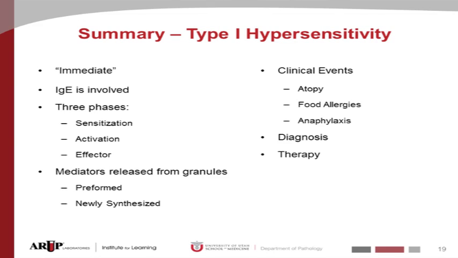The mediators are preformed or newly synthesized out of the mast cells and basophils. The most important one is histamine, but you'll also see other mediators that attract eosinophils, platelets, and other white blood cells. Some of the common clinical events that you would see are atopy, food allergies, and in a serious case, anaphylaxis. Diagnosis of type 1 hypersensitivity is to find out, first of all, does the patient have an allergy?